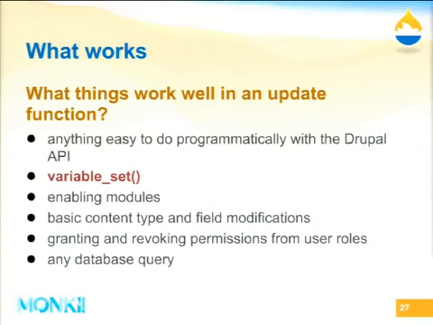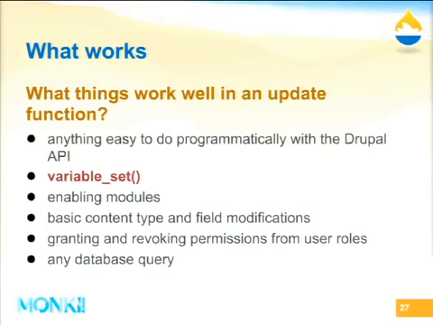You can make changes to the content types and modify fields. This is probably going to happen with custom sites that have their own content types. One of the things that we've had to do is we had a content type that gave you a drop-down list, and we wanted to change one of the values to something else.